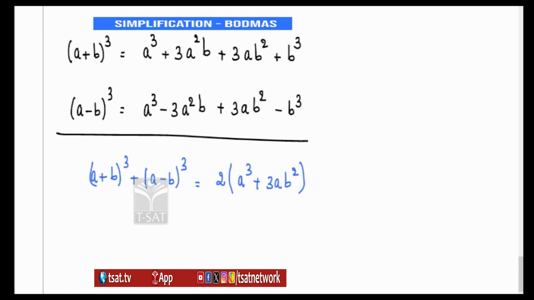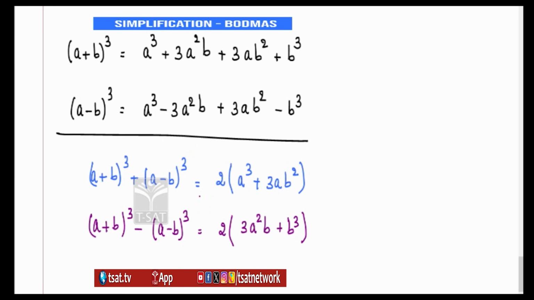Suppose if you do minus, a plus b whole cube minus a minus b whole cube. A cube and these terms get cancelled, then it becomes 2 into the second and fourth terms will be left out, that is 3a square b plus b cube.